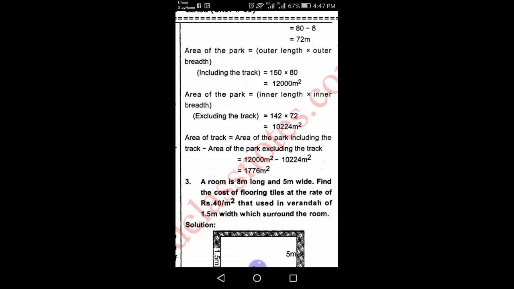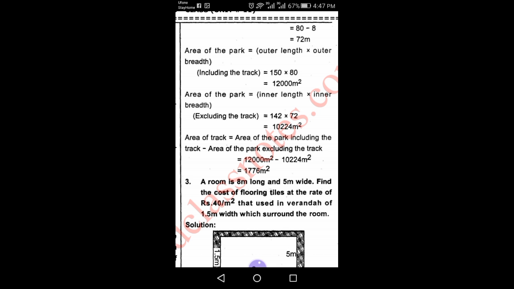Now find out the area of the track by subtracting the area of the park excluding the track from the area of the park including the track. In other words, the area of the outer rectangle minus the area of the inner rectangle.